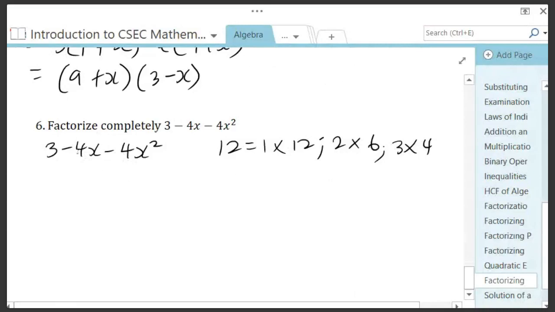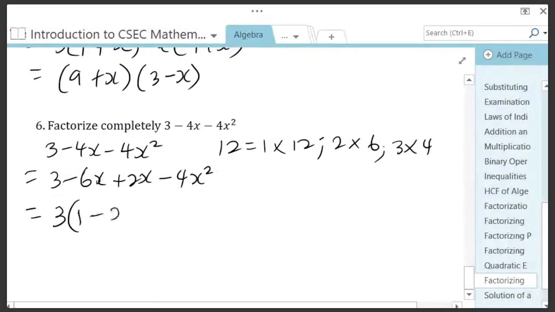All right, I could use here minus 6 and positive 2 to come up here with minus 4. So this is 3 minus 6x plus 2x minus 4x squared. So the HCF of the first two terms here is 3. 3 divided by 3 is 1, minus 6x divided by 3 here is minus 2x.